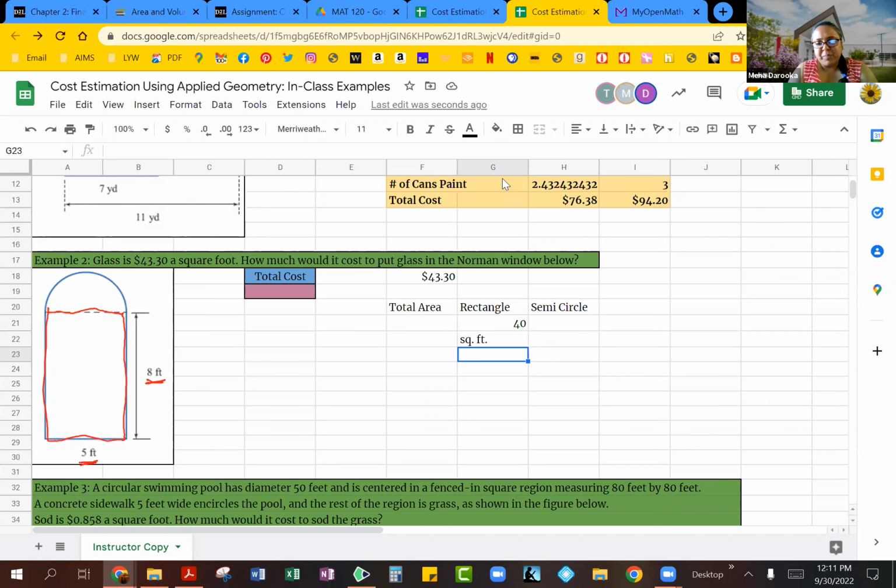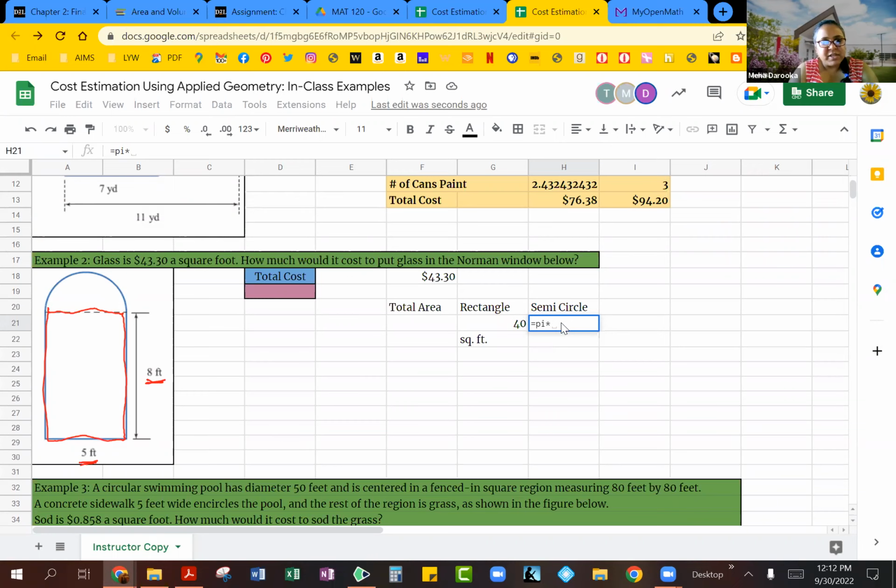And remember, again, for pi, you guys are using 3.14, or with the spreadsheets, you can actually type in pi. So you can do equal to, and if you type in pi, it will automatically give you the approximation. So I see Michael's answer for the semicircle.